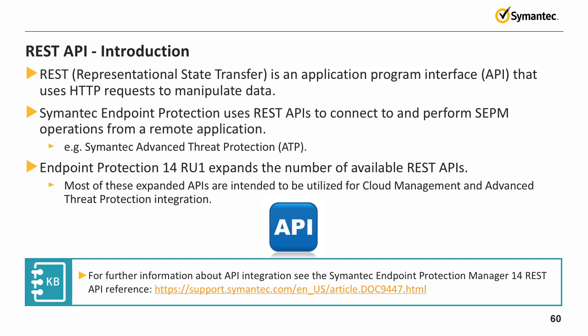Endpoint Protection 14 RU1 expands the number of available REST APIs. Most of these expanded APIs are intended to be utilized for cloud management and advanced threat protection integration. For further information about API integration, see the Symantec Endpoint Protection Manager 14 REST API reference at the link shown.